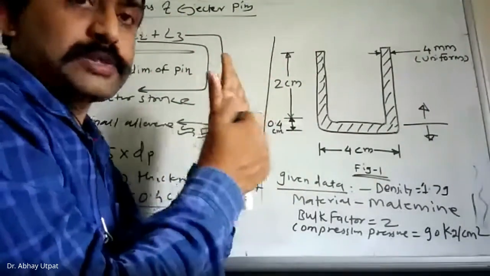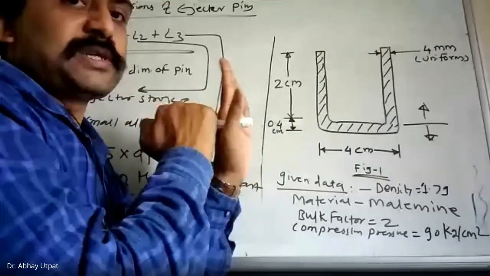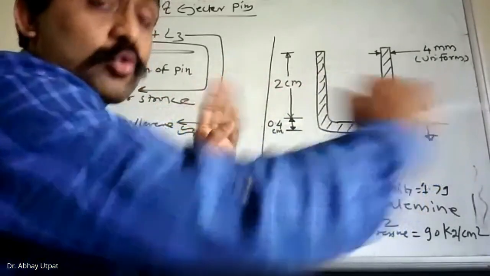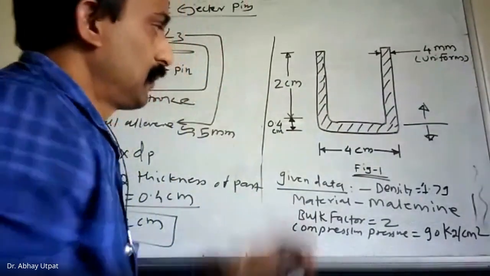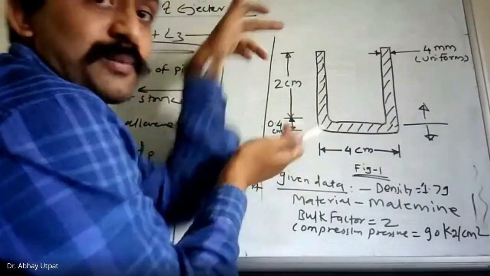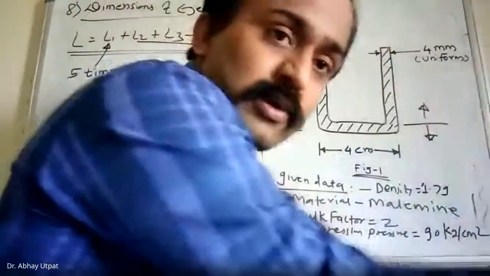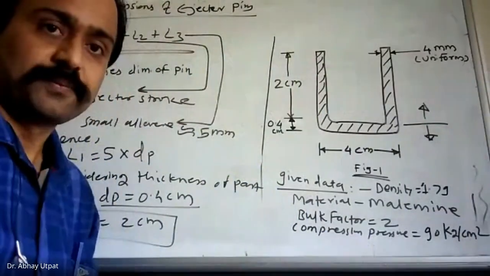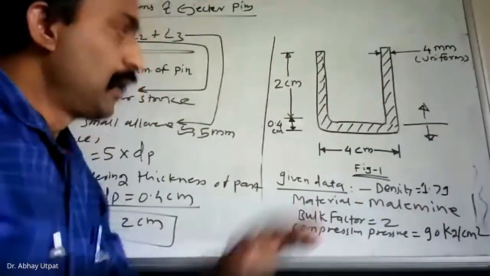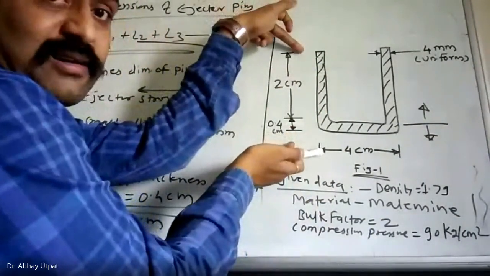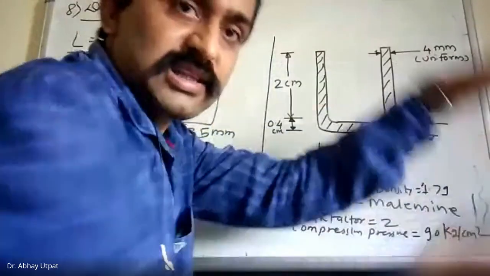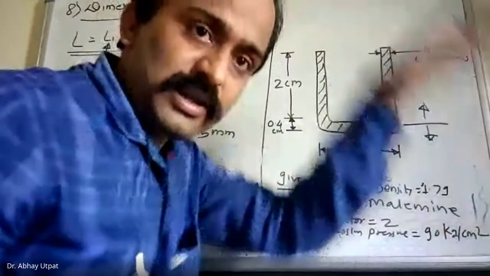If part fits face to face, how much minimum distance should the pin travel to come out of the mold? Minimum 2.4 centimeter it should travel. Then only part will fall outside the mold and fall out in the bin. So this is called as ejector stroke.